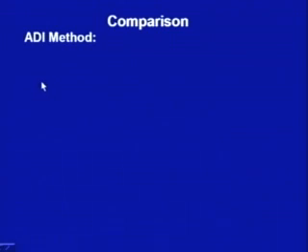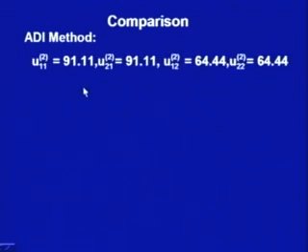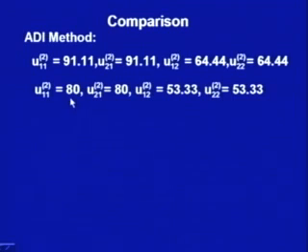With the ADI method in the second approximation using initial guess as 100, we have got U11 and U21 both as 91.11, U12 and U22 both as 64.44. When I changed my initial guess from 100 to 0, we reached U11 and U21 as 80, U12 and U22 as 53.33.